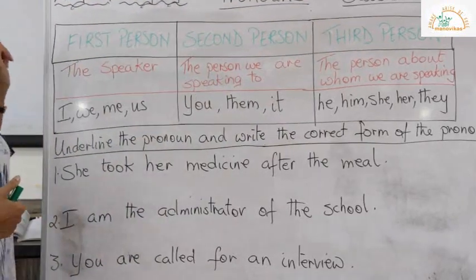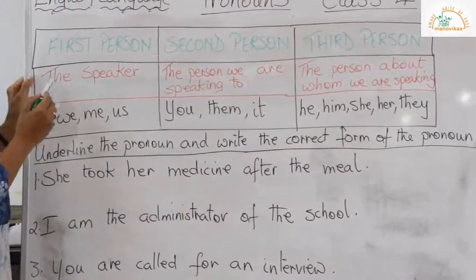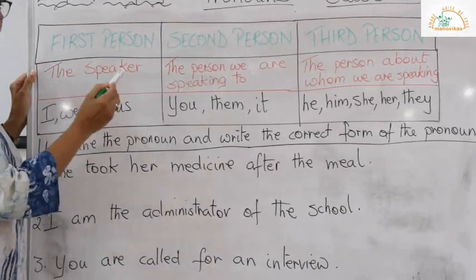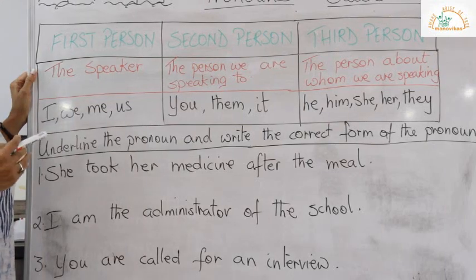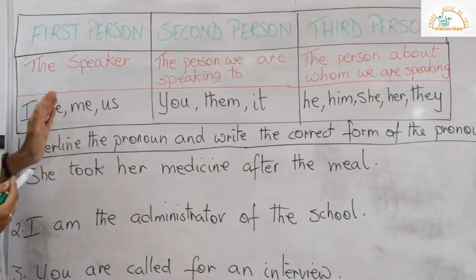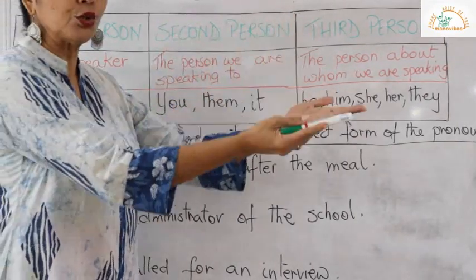Now what is first person? First person is the speaker, like I, we, me, us. The person who speaks is in the first person. Second person is the person we are speaking to.